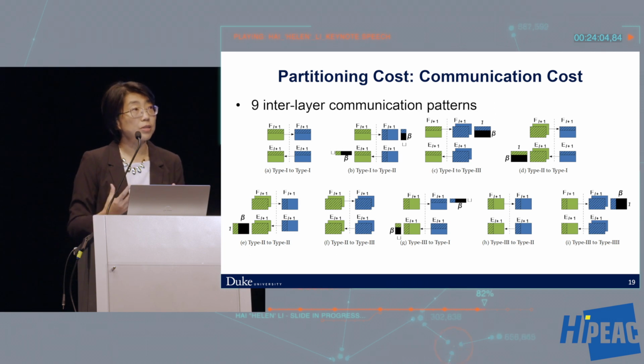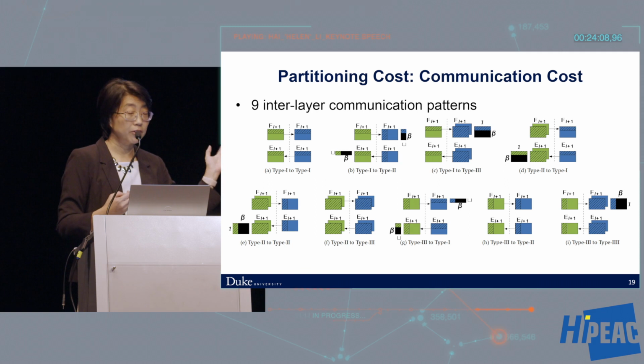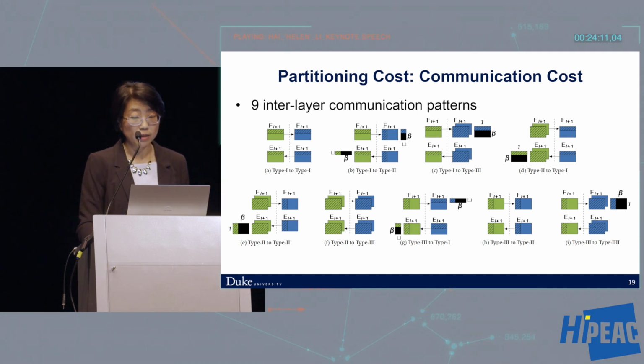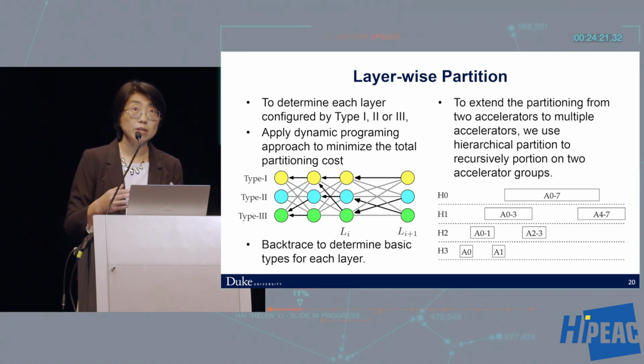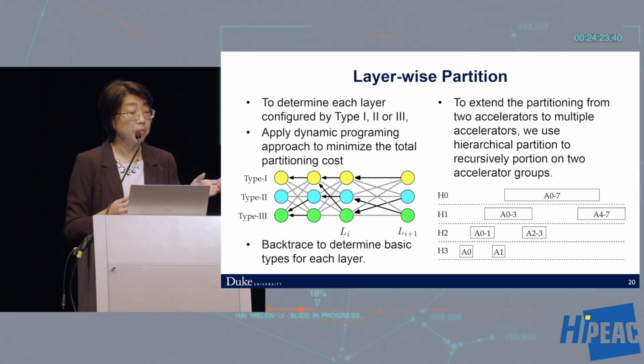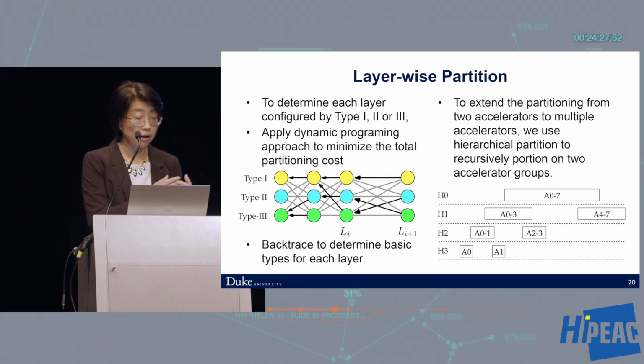In fact, it results in 9 intra-layer communication patterns, and I just put them over here. We created methodologies trying to find the best combinations, and during this process, we apply a dynamic programming approach to minimize the overall communication cost.